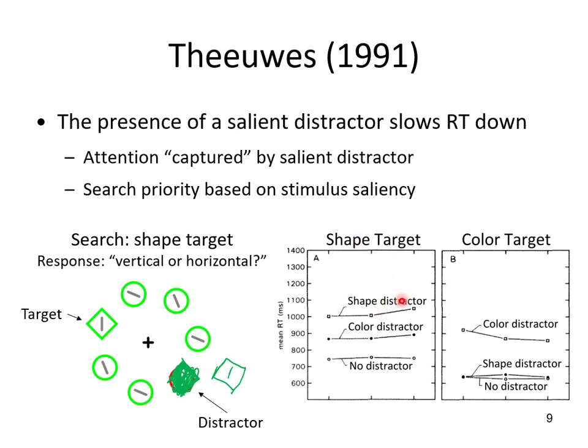Okay, so it's for comparison. Okay, so this part should be okay. So it shows you evidence that attention is attracted by the red distractor or the color distractor.